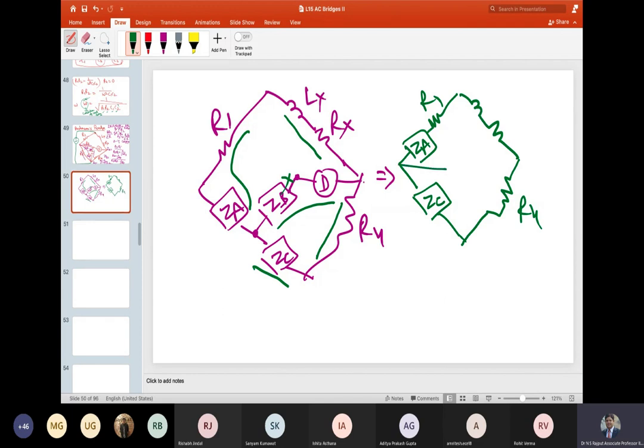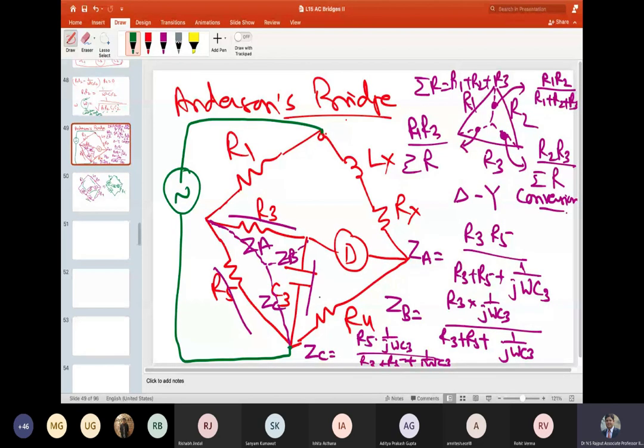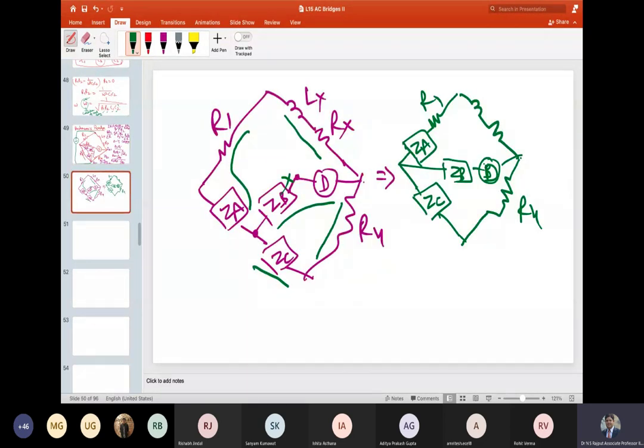And this is your ZB connected with your detector D, right? So now you see this has become a simpler expression, a simpler bridge with no more complexity. We had a complexity level of this, which we have reduced down to a simplified bridge.